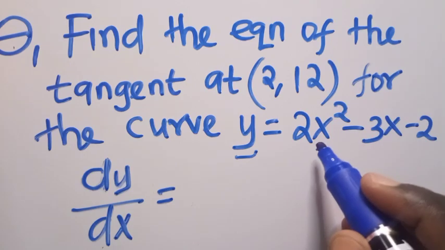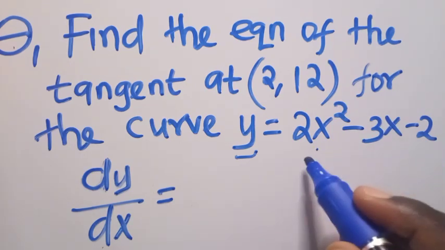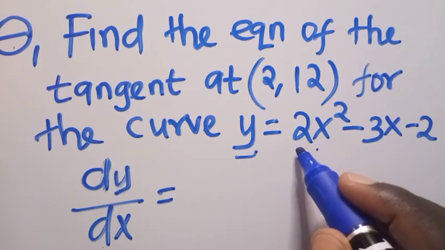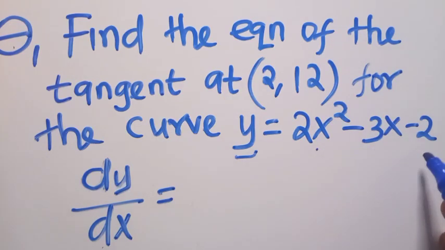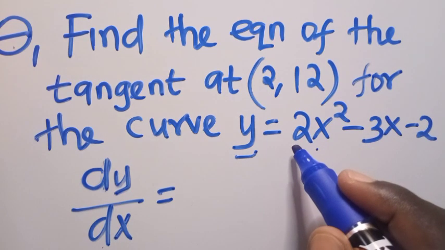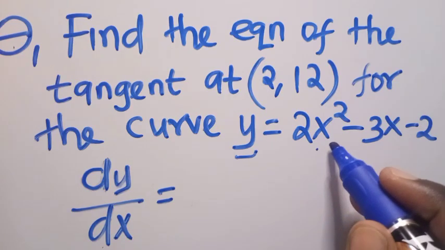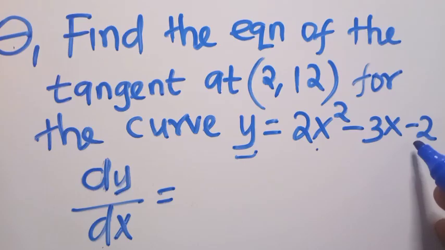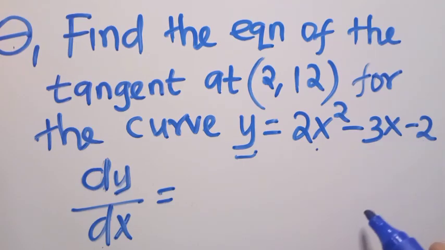This is a polynomial, so we differentiate each term in turn. That is, we differentiate 2x squared, then we proceed to differentiate negative 3x, then we proceed to differentiate negative 2.